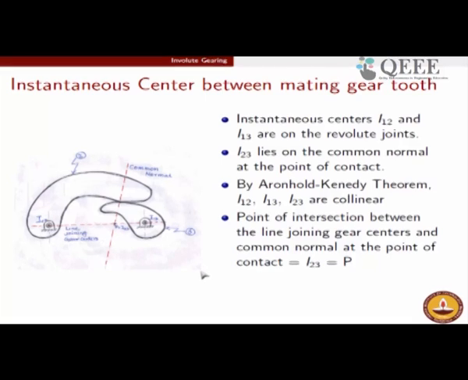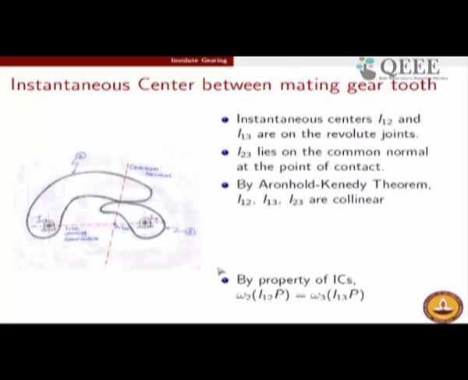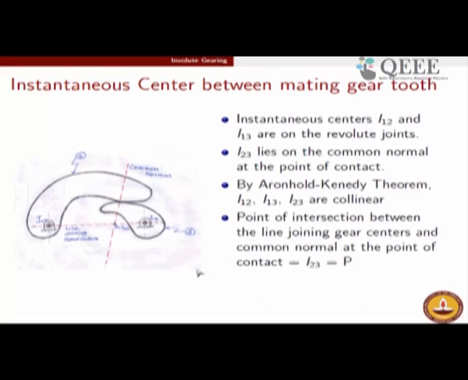But how is it that the instantaneous center helps us in our kinematic analysis? To answer that question, let us look back at the property of instantaneous center. The property of instantaneous center states that whether you assume this point P or I23 to be a point embedded in body 2 or a point embedded in body 3, in either case it will have the same velocity, right.